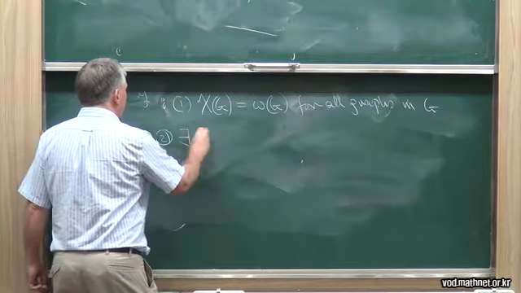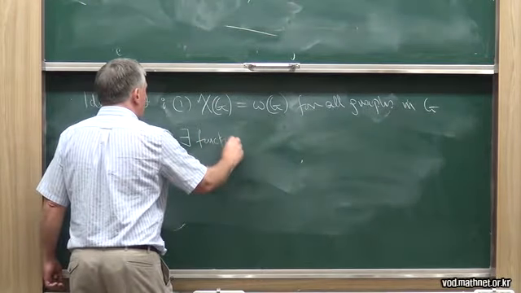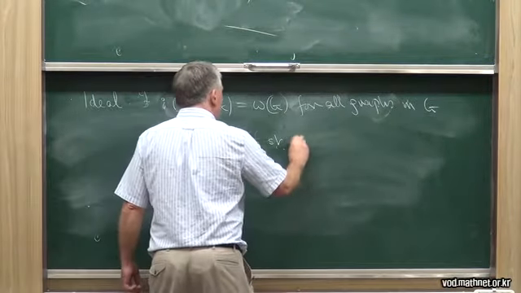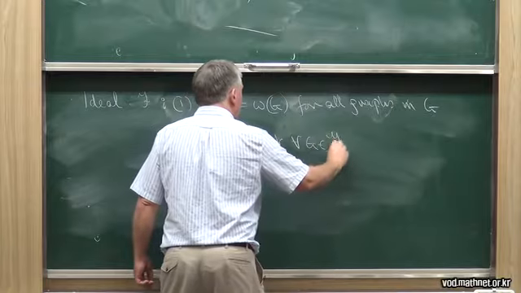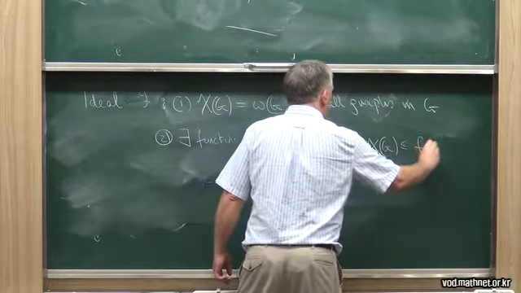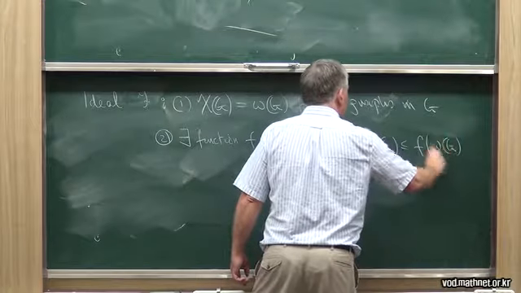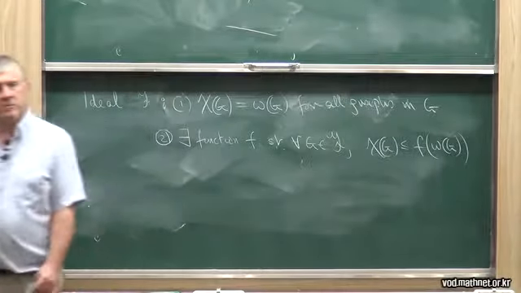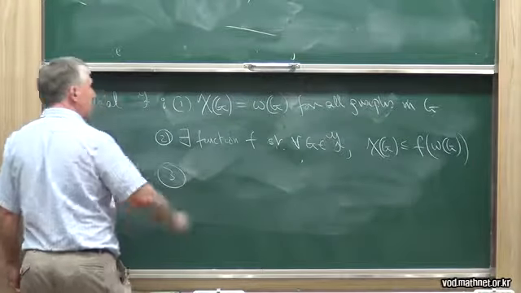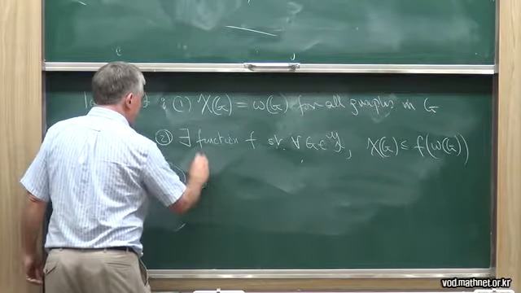There is a function f such that for all graphs in the ideal, the chromatic number is at most f of the clique number. And the third thing that might happen is not that either. There's no such function f.